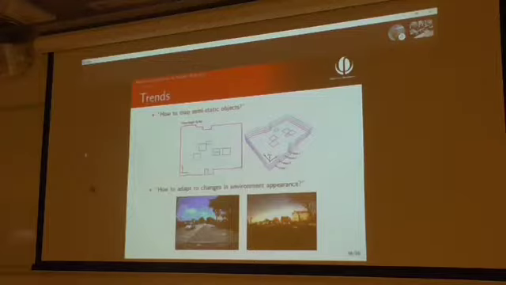Semi-static objects are objects like furniture, or even doors that can be opened and closed, windows, or trees that grow, and something like that. Objects that can change, but over long periods of time. Okay, and this is problematic, and this is something that is highly studied.